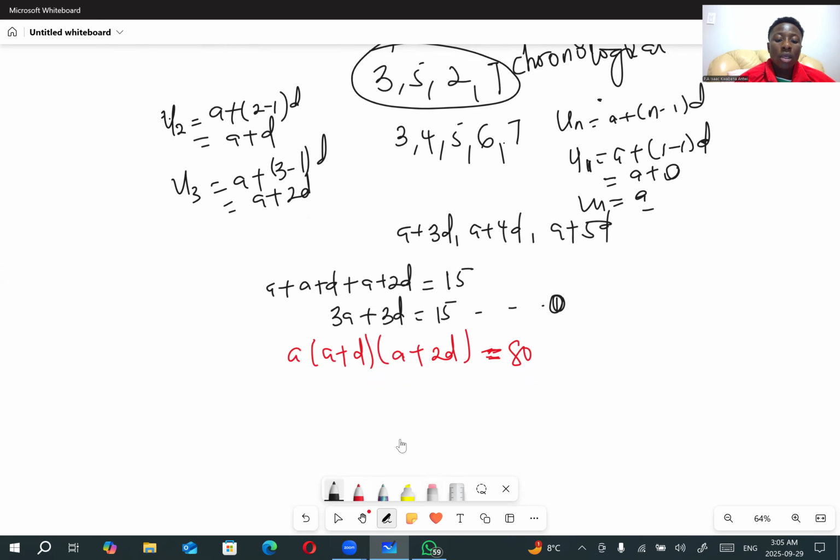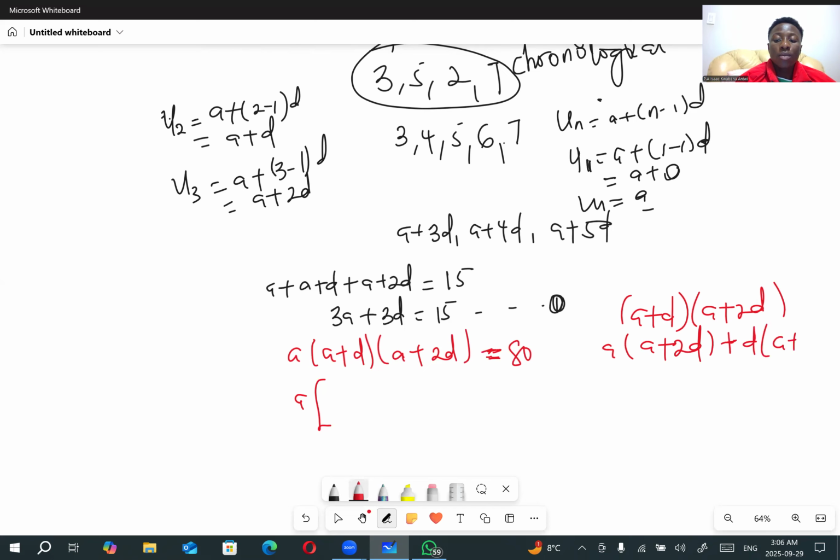Now this is the multiplication of two binomials, right? So when you have a plus d, a plus 2d, I believe you know how to do this. a will multiply everything in the next bracket.